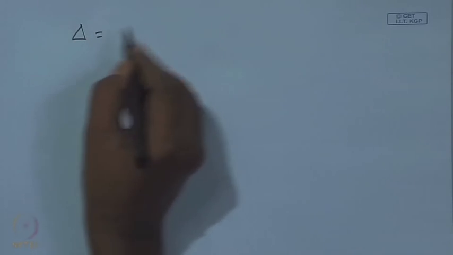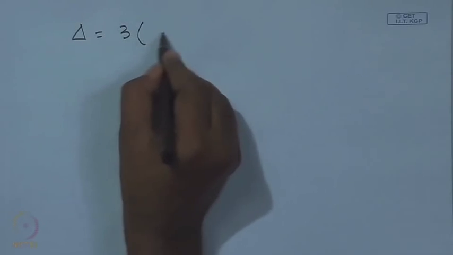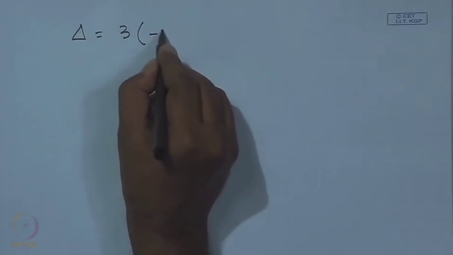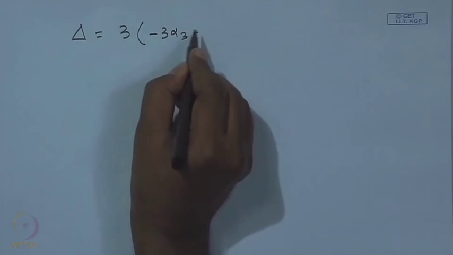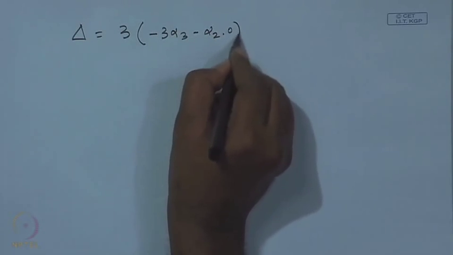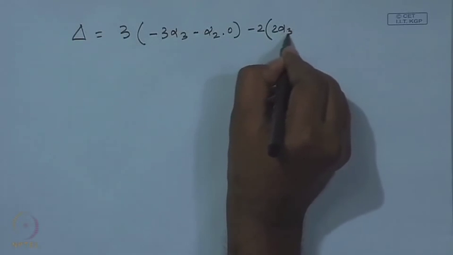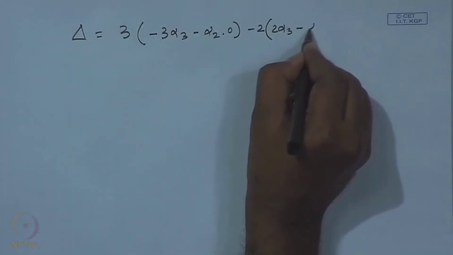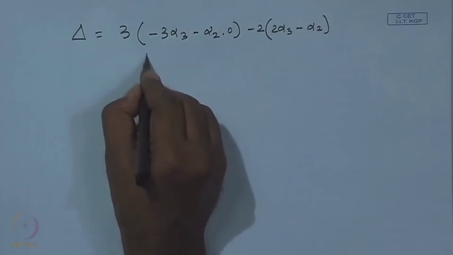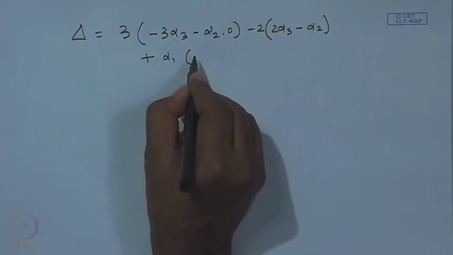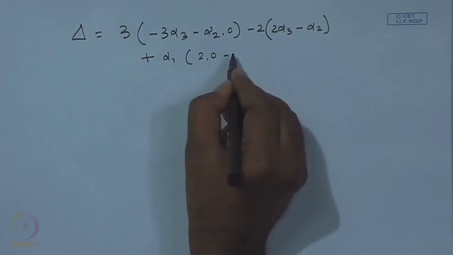The determinant is equal to 3 into minus 3 alpha 3, minus 2 into (2 alpha 3 minus alpha 2), plus alpha 1 into (0 minus 3).